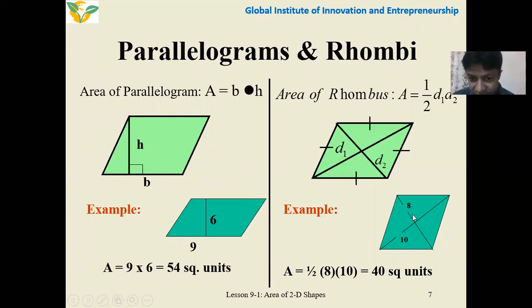Although there are some more methods you can use in order to calculate the area. How will you calculate? Suppose these are two triangles, as you can see from here. This is one triangle and this is another triangle. Suppose you don't know how to calculate the area of a rhombus, then you break it into two triangles, and you know the area of a triangle, 1 by 2 base into height.